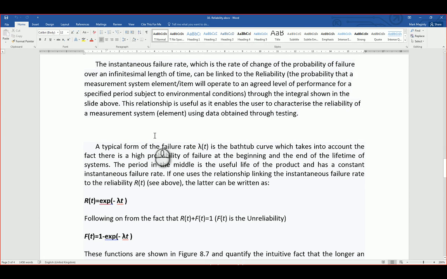So remember that. This is done through the integral shown in the slide above, which is the previous diagram we had. This relationship is useful as it enables the user to characterize the reliability of a measurement system using data obtained through testing. The typical form of a failure rate is what's known as the bathtub curve.